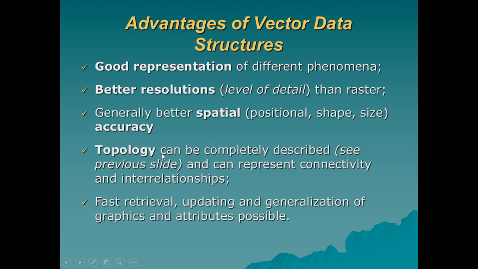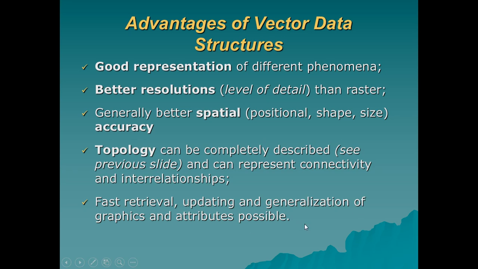Another advantage is that topology can be completely described, that spatial relationship, and that can represent connectivity and interrelationships of your features. Additionally, it can provide fast retrieval, updating, and generalization of your graphics and attributes.